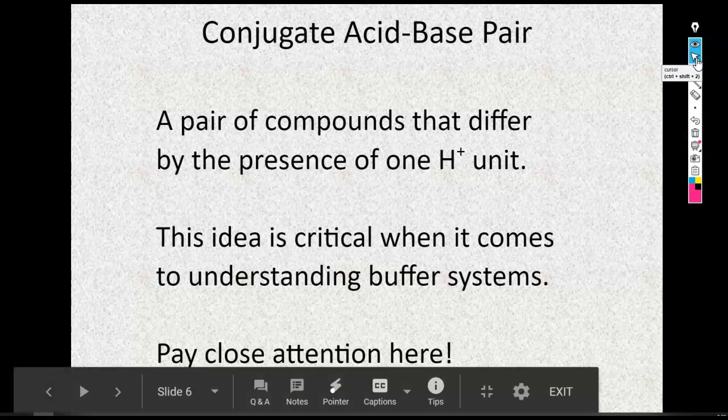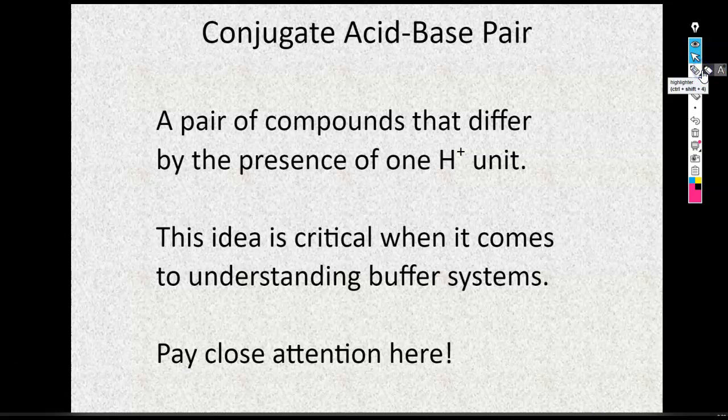A conjugate acid-base pair is a pair of compounds that differ solely by the presence of a hydrogen. In other words, the acid is going to lose the proton and the base is going to gain that proton. So we call it an acid conjugate base, acid base pair. Okay, so we're going to practice that a little bit right now.